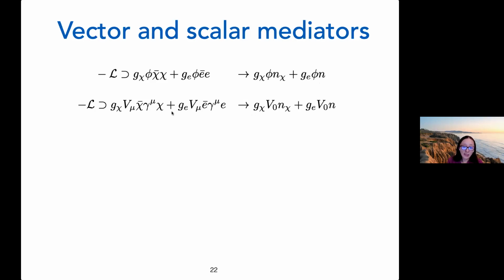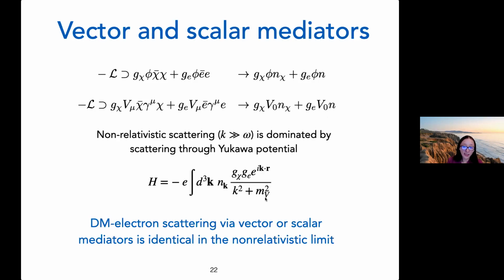For vector mediators, it's very similar because in the non-relativistic limit, scattering is dominated basically by Coulomb scattering, and that goes through the longitudinal component, which is basically the zero component, and that has the same form in the non-relativistic limit. So essentially, they give rise to the same perturbation at leading order, which is why I'm using the same formula for both mediators.